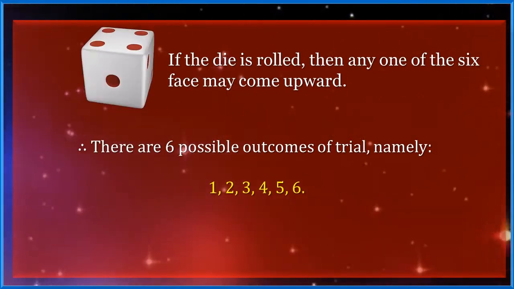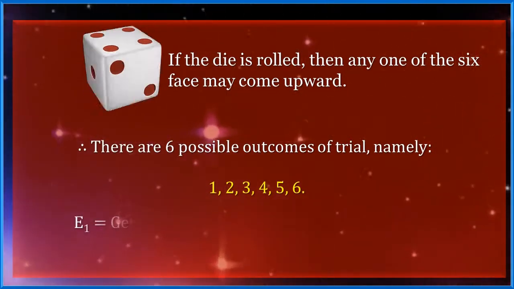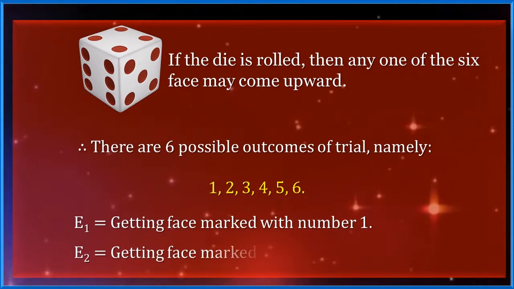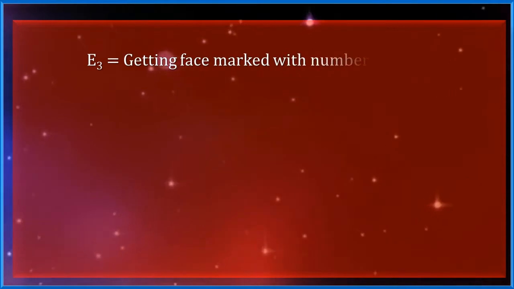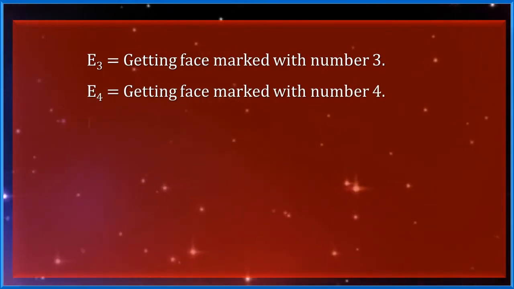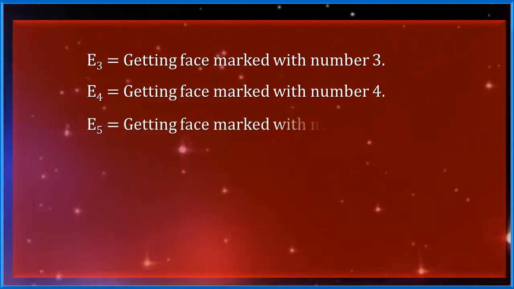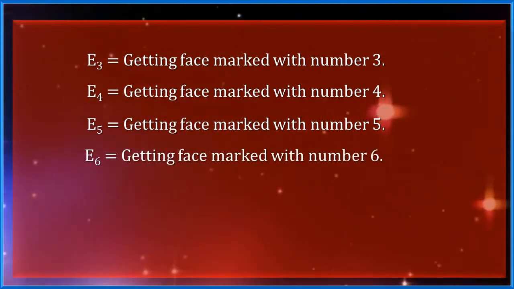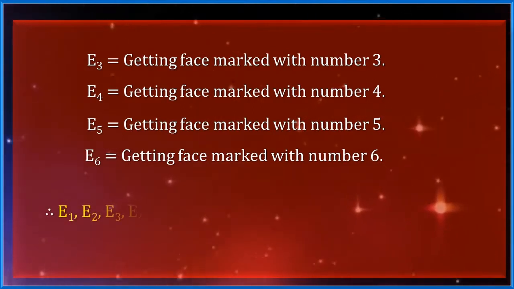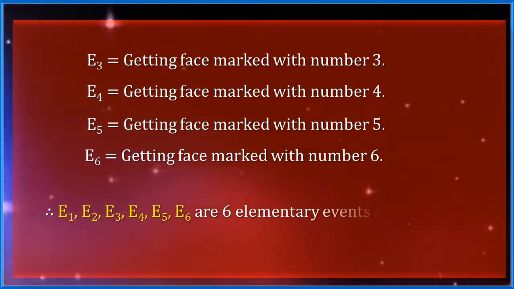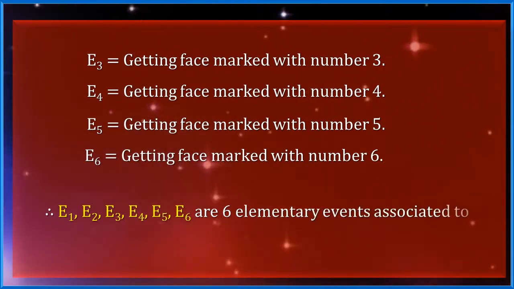Thus, if we define E1 as getting the face marked with number 1, E2 getting the face marked with number 2, E3 number 3, E4 number 4, E5 number 5, E6 number 6, then E1, E2, E3, E4, E5, E6 are 6 elementary events associated to this experiment.